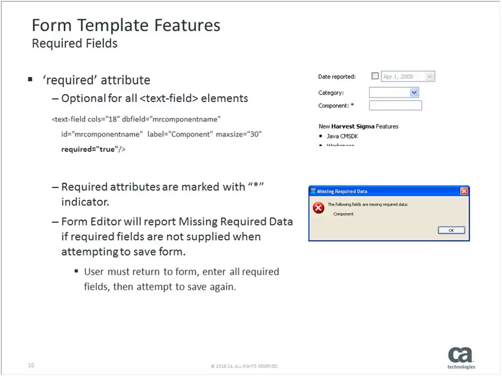In order to make a component or field a required field, we provide one attribute called required equal to true. This will get validated whenever we save the form. If we make a field required and don't add anything to it, a pop-up will come saying it is missing the required data.